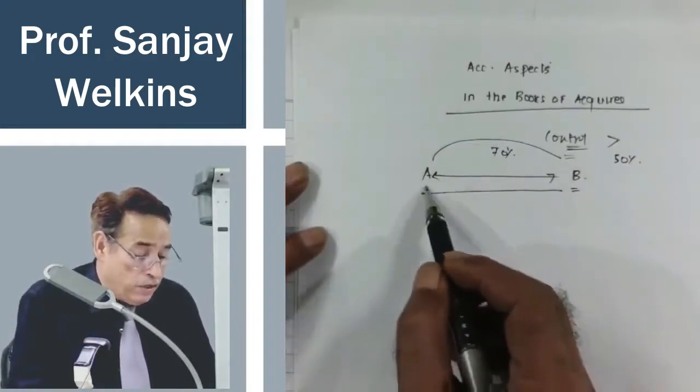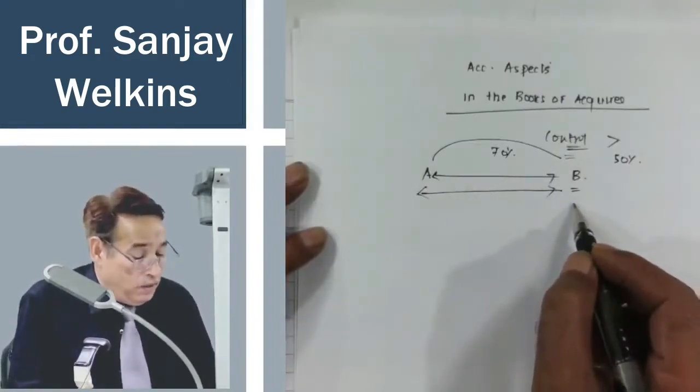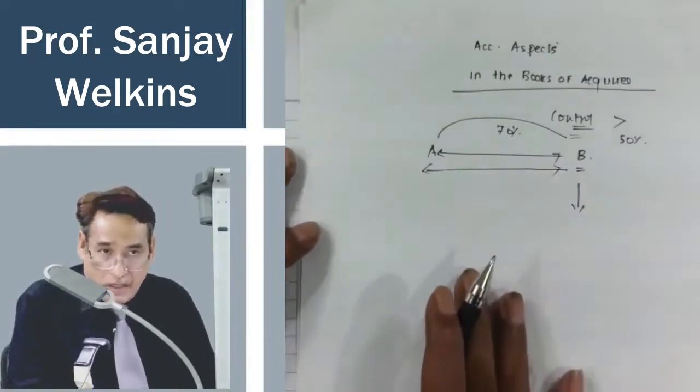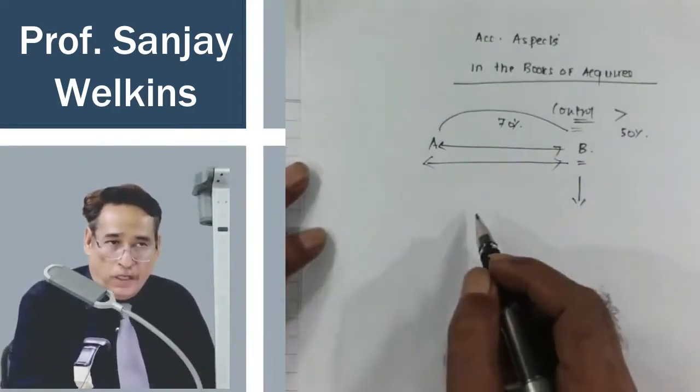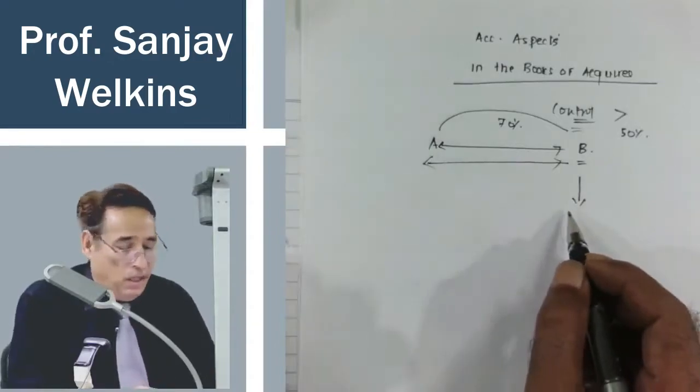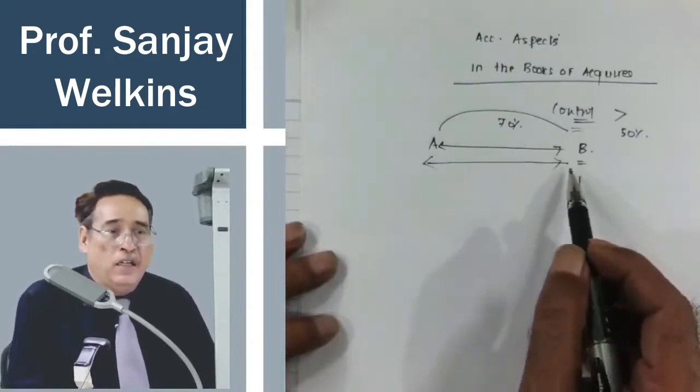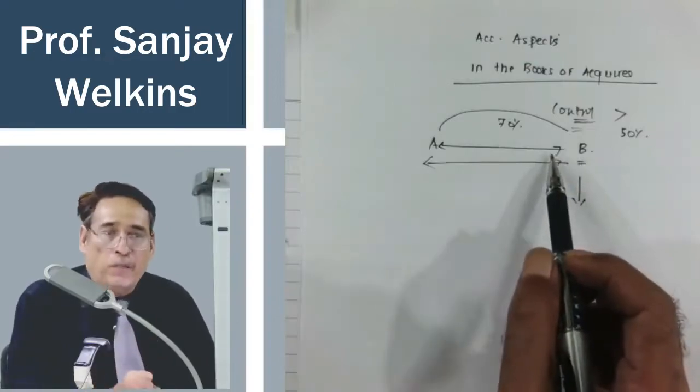When we acquire control this way, entity B is still running, it is operating. It is not closed down yet. So one way of acquiring the entity is that you can get the control of that entity.